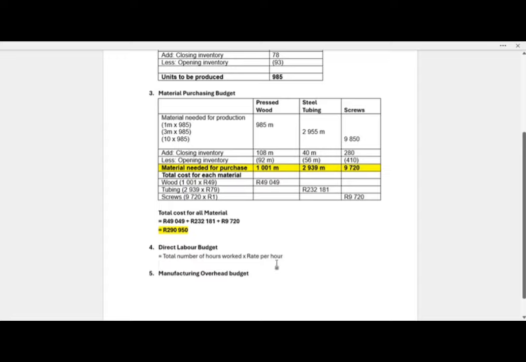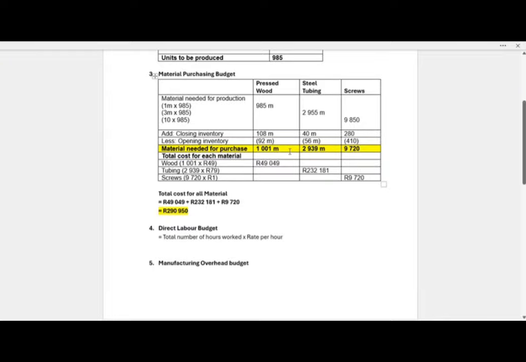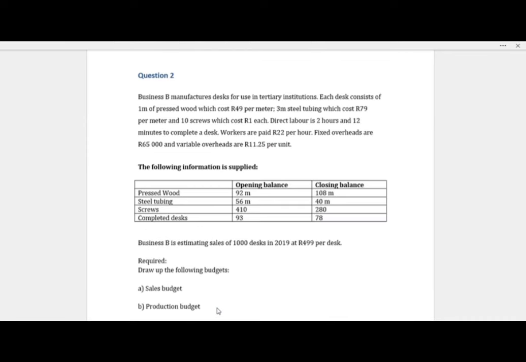To follow this formula, obviously you must first have the total number of hours. So I want us to go and calculate the total number of hours. According to the information given, direct labor is 2 hours and 12 minutes to complete a desk. So I'm going to use my general knowledge to get this.